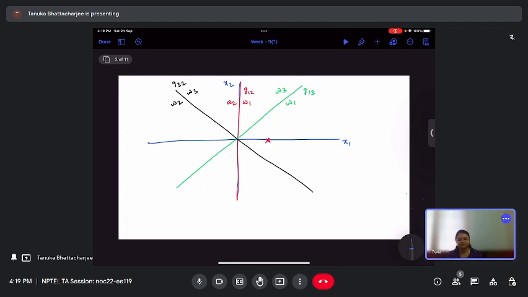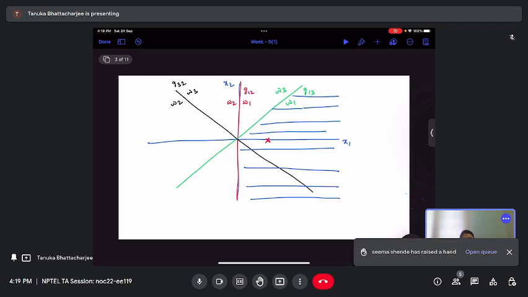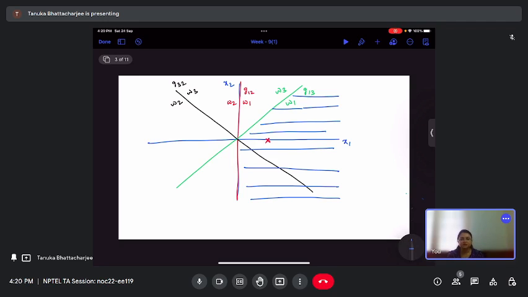So if we take the intersection of these two regions, we will get this part. So this is basically our omega 1, this region.